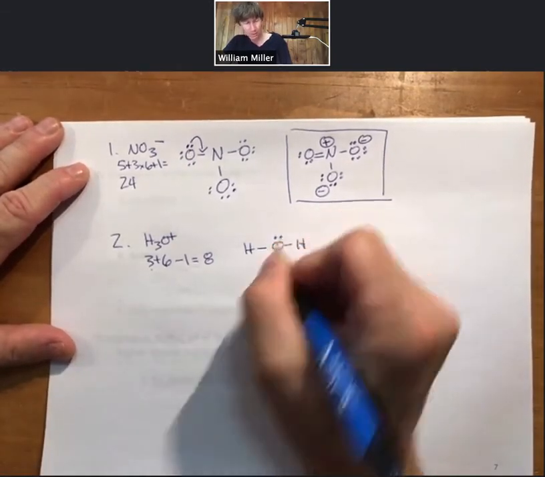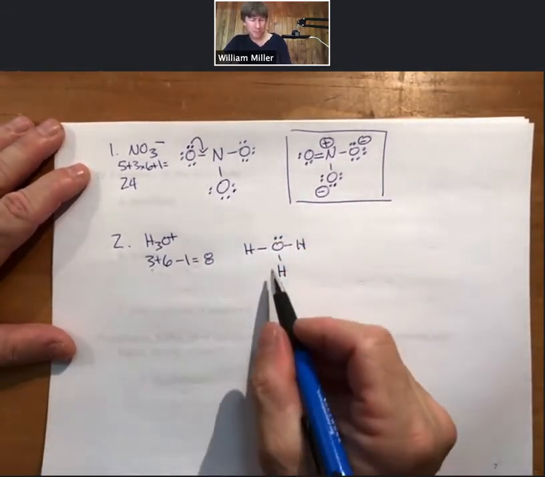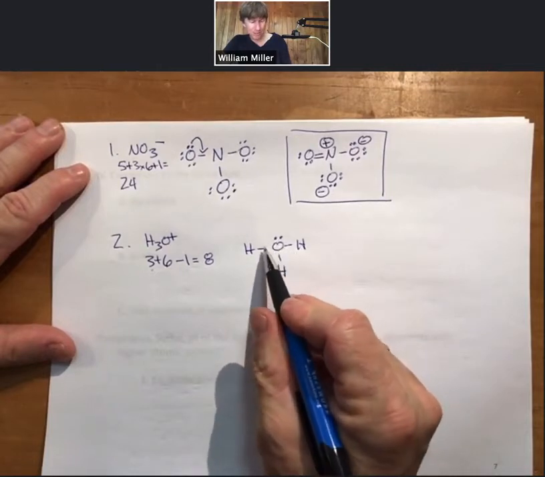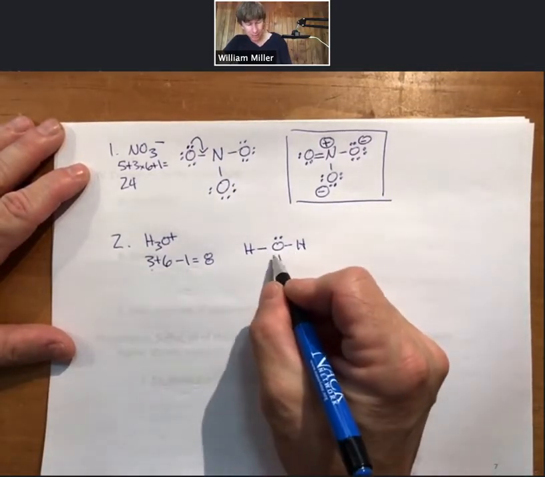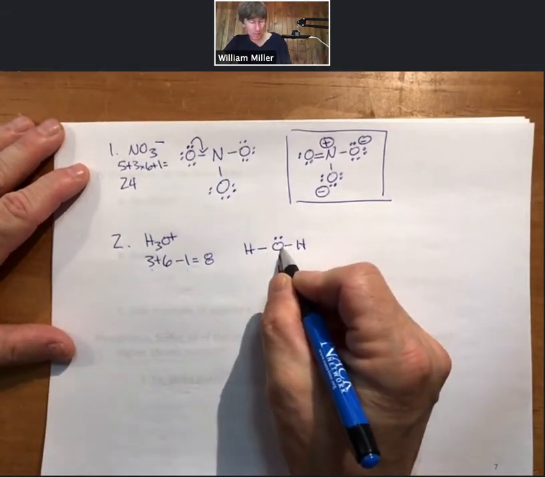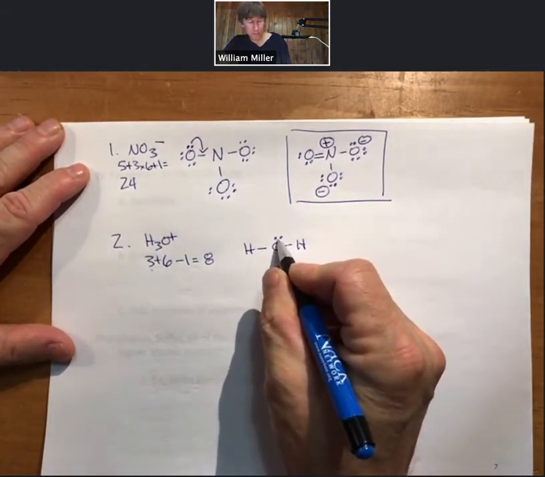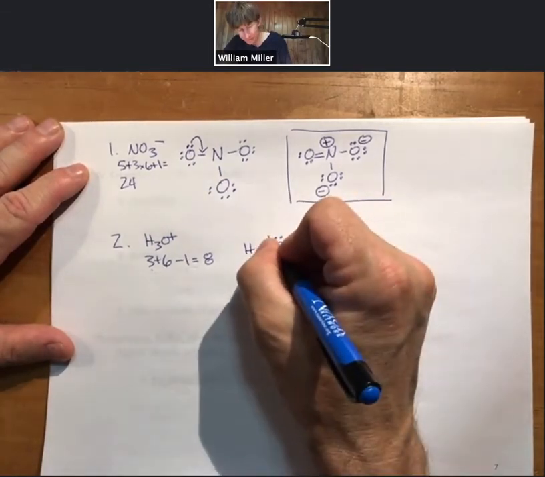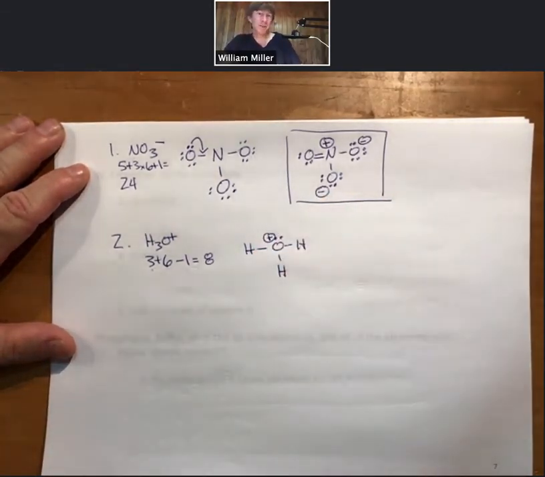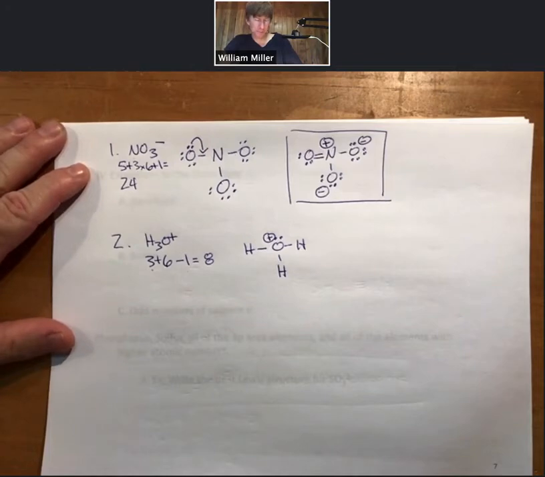And finish it out, we have 8 electrons, and they're all around oxygen. Now we have 3 bonds for oxygen and 2, so 6 minus 1, 2, 3, 4, 5. We have a positive formal charge on oxygen, which is part of the H3O plus Lewis structure.